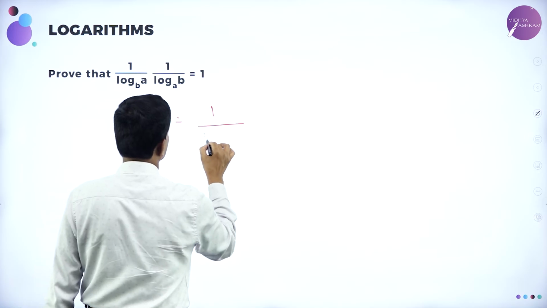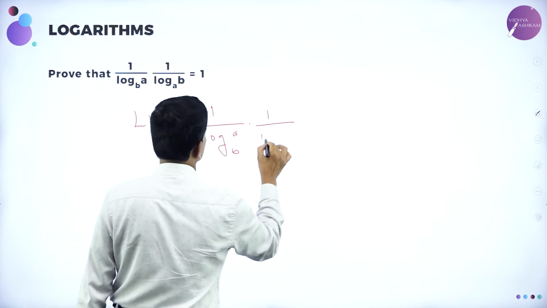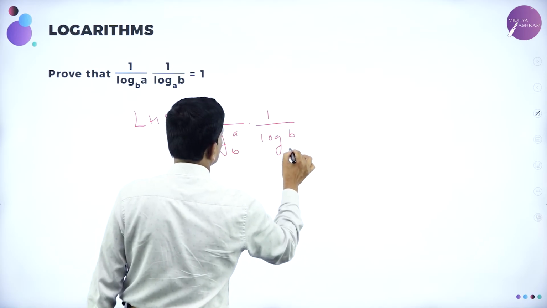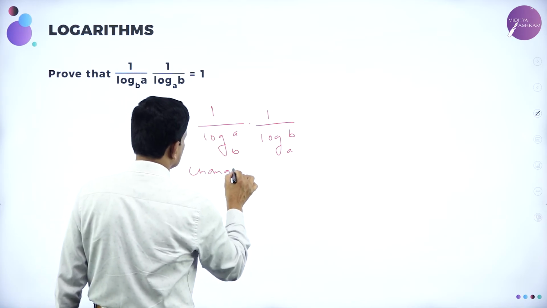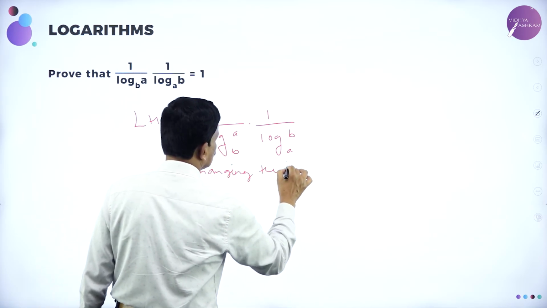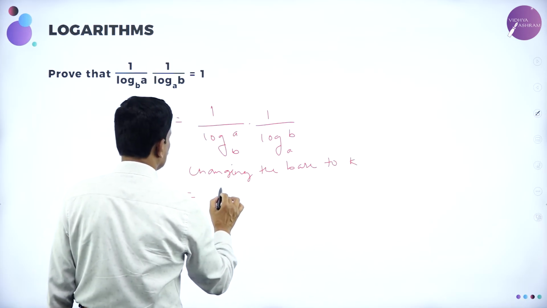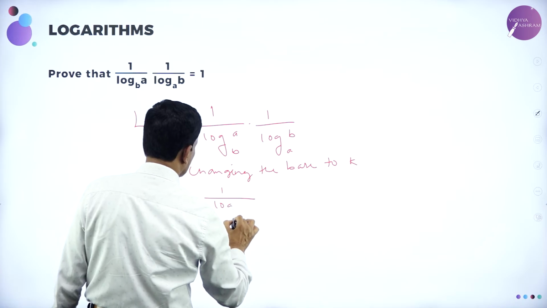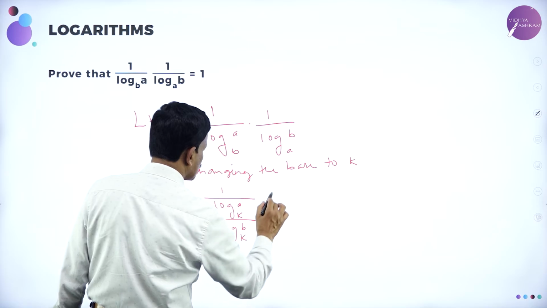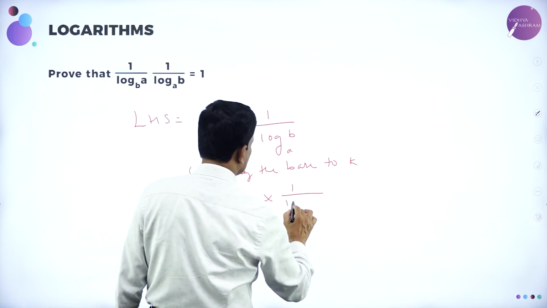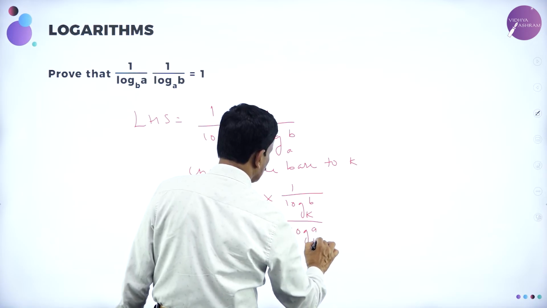LHS is 1 over logarithm of A to base B into 1 over logarithm of B to base A. Now, using base change rule, changing the base to k, this can be written as 1 over logarithm of a to base k divided by logarithm of b to base k into 1 over logarithm of b to base k divided by logarithm of a to base k.